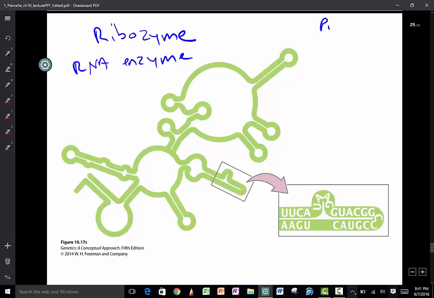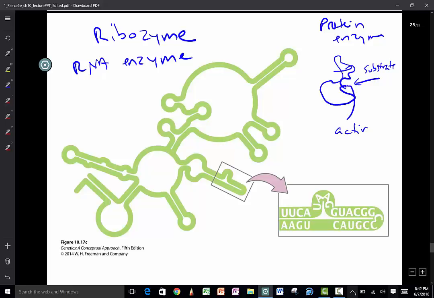If you think about a protein enzyme, whenever we think about protein structure, we think about the three-dimensional structure of a protein, and then the substrate can fit into a particular little space called the active site. So that's a protein enzyme that I'm sure you're familiar with. Now, DNA can't really fold up and form an active site because it's always double stranded, but this RNA, maybe a substrate could fit right in there.